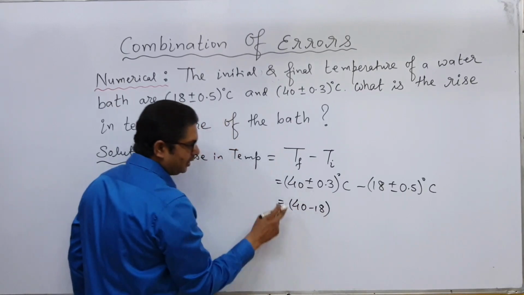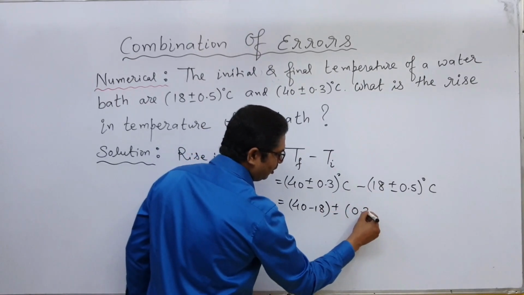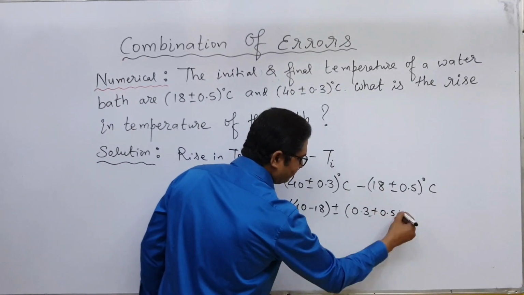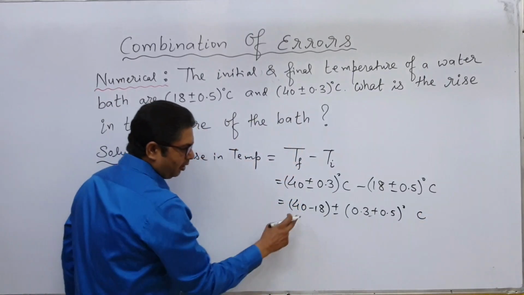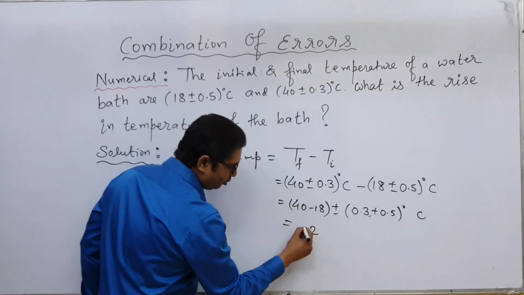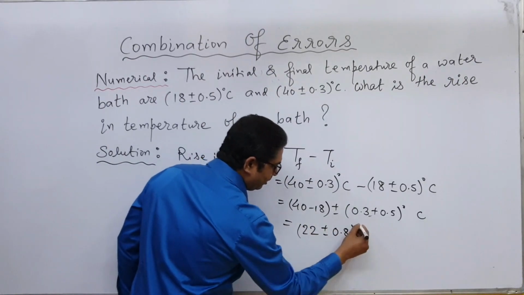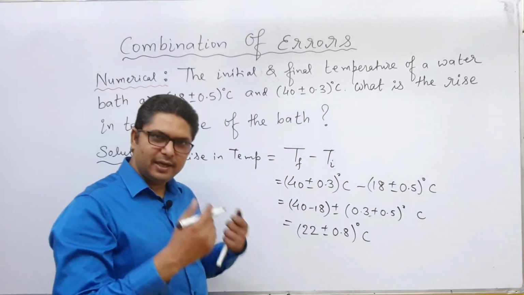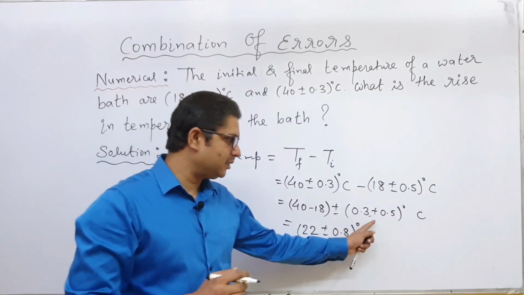We have to subtract this 40 minus 18, and here plus minus, here we are going to add 0.3 plus 0.5 degrees Celsius. Now here you have 40 minus 18 is 22, and 0.3 plus 0.5 is 0.8, so 22 plus minus 0.8 degrees Celsius. So what we see is that in the case of addition as well as in the case of difference, the error is summed up.